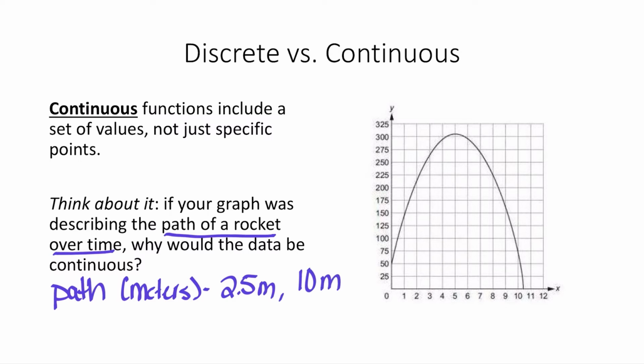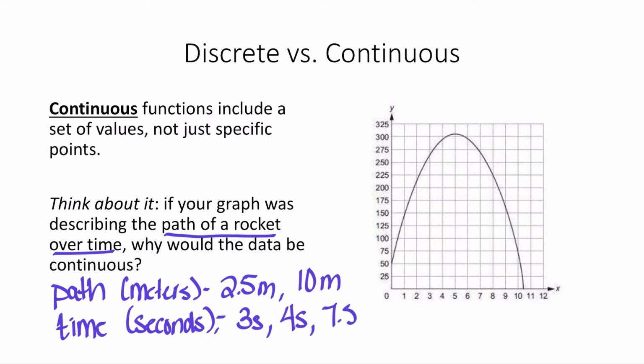So you can include whole numbers and the numbers in between. If you're talking about time, let's say time is in seconds. You can have values like 3 seconds or 4 seconds. And you can also have values like 7.5 seconds. So in both cases, you can include numbers and the numbers in between them. That's why your data would be continuous. This would be like the graph of the path of a rocket. It includes all of the numbers and it's all connected.